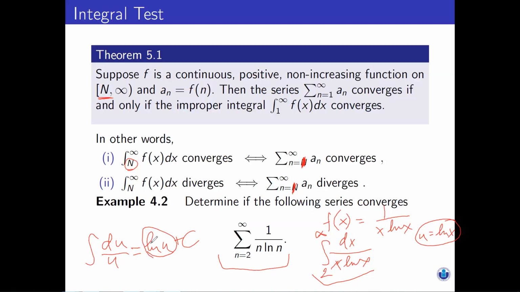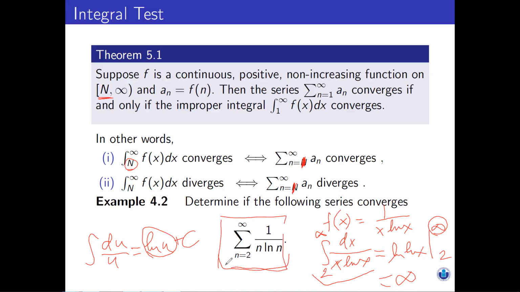So you can write this as log log x, and you evaluate from 2 to infinity. Here you think of this as putting in a finite value b, and then you let b go to infinity. But this is infinity. So this series diverges.